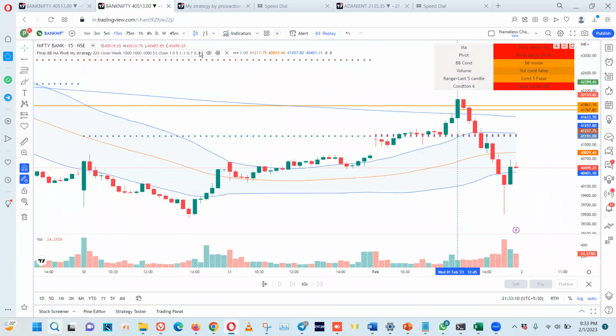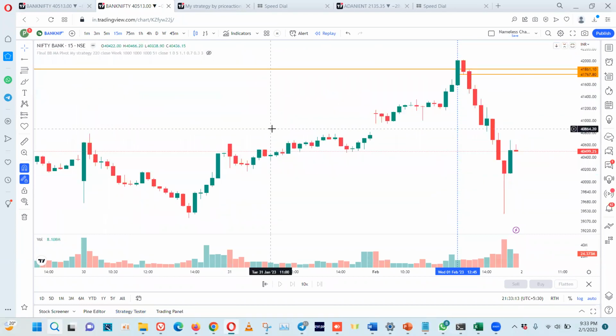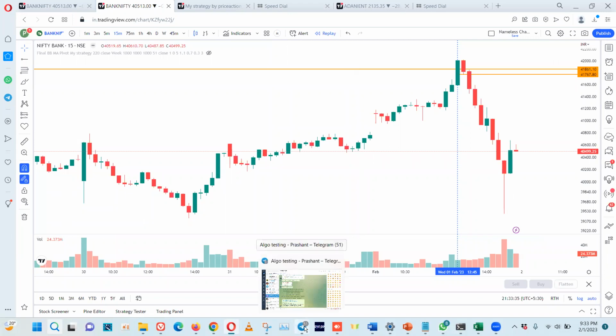So basically, algo means we create some logic and then run it on algorithm. Everything is executed automatically based on the rules which we fix.